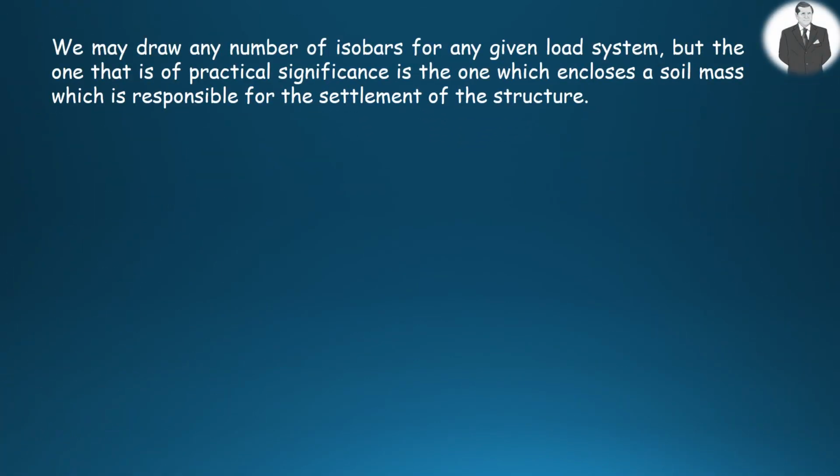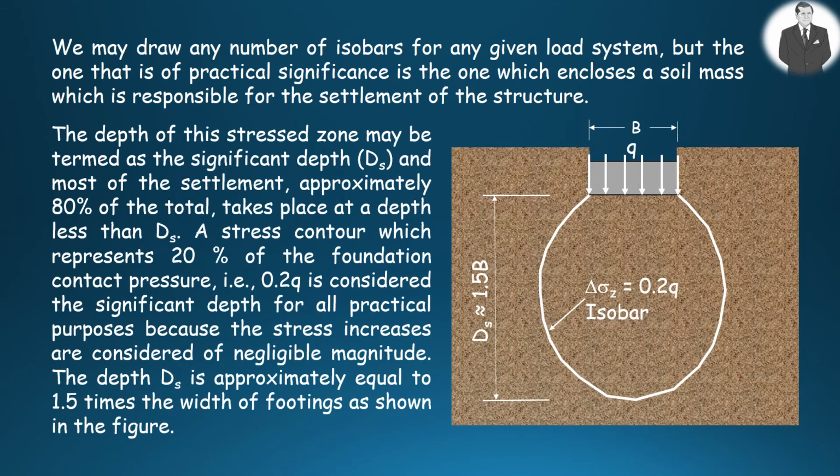We may plot any number of isobars for any given load system, but the one that is of practical importance is the one which includes the soil mass that is responsible for the settlement of the structure. The depth of the stressed zone may be called the significant depth, and most of the settlement, about 80% of the total settlement, occurs at a depth less than the significant depth.